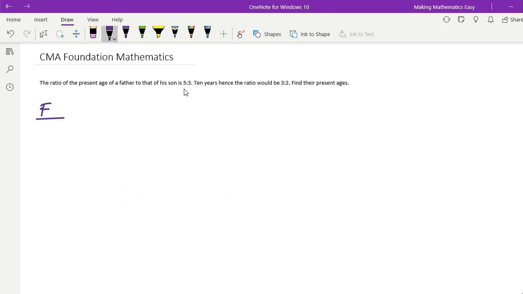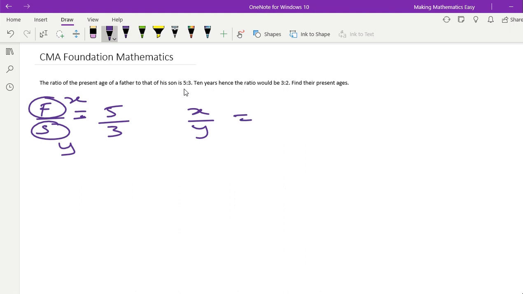So the ratio of father's age to son's age is 5:3. That is what they have given. So let us consider father's age as x and son's age as y. So what will our ratio become? It will be x upon y is equal to 5/3. Okay. Now up to here it is clear.